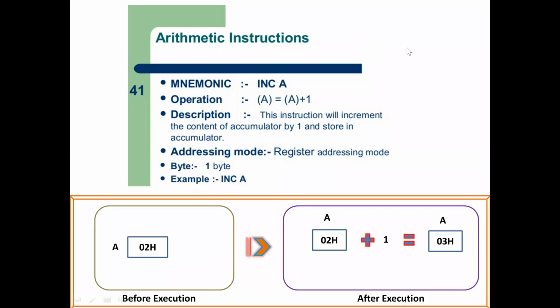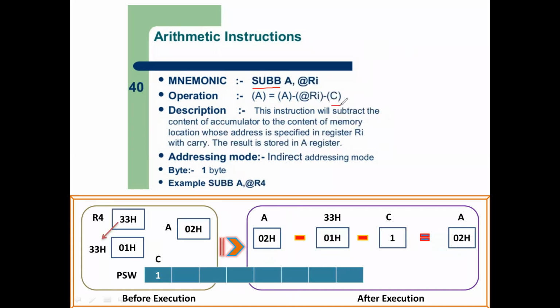See here, subtraction with borrow means the carry should come. So here, accumulator minus at Ri. The at is nothing but indirect addressing mode, which tells you that whatever the value in the register, that is the address. For example, at R4.